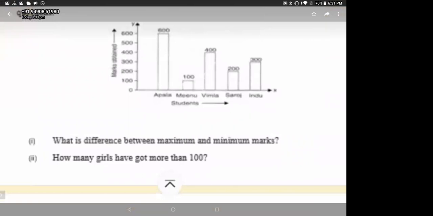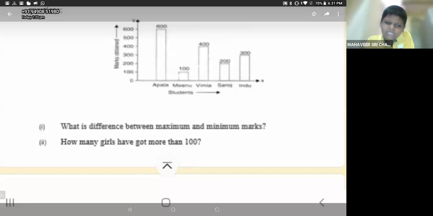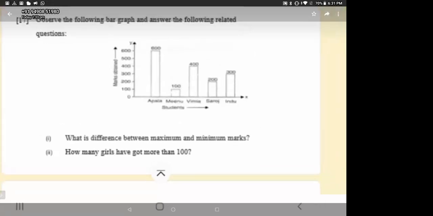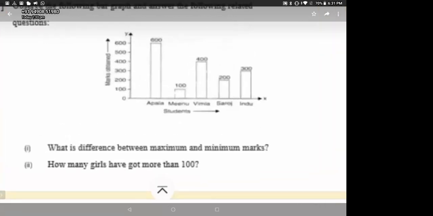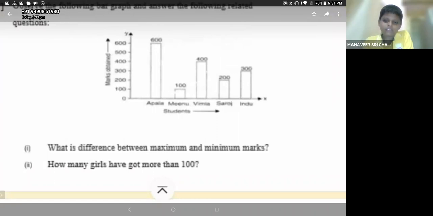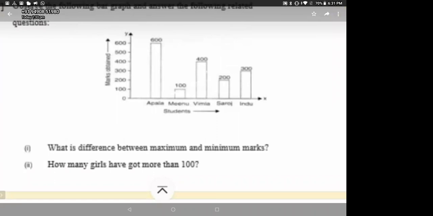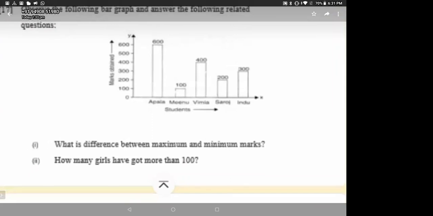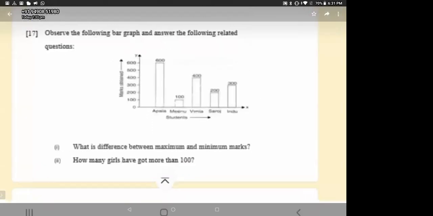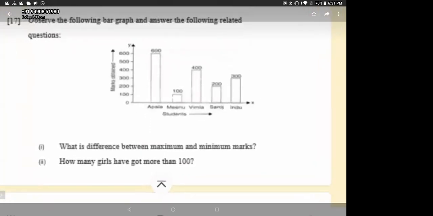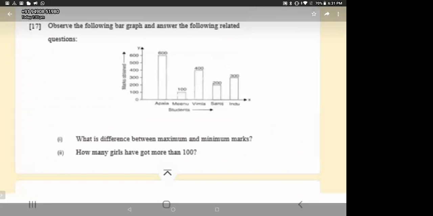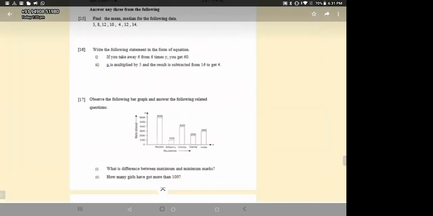I am not able to see that, Nana, because I kept my slides somewhere. Ma'am, the four names written are Apala, Vimla, Saroj and Indu. Okay. All are girls only. Girls who have more than 100 means 4 girls.